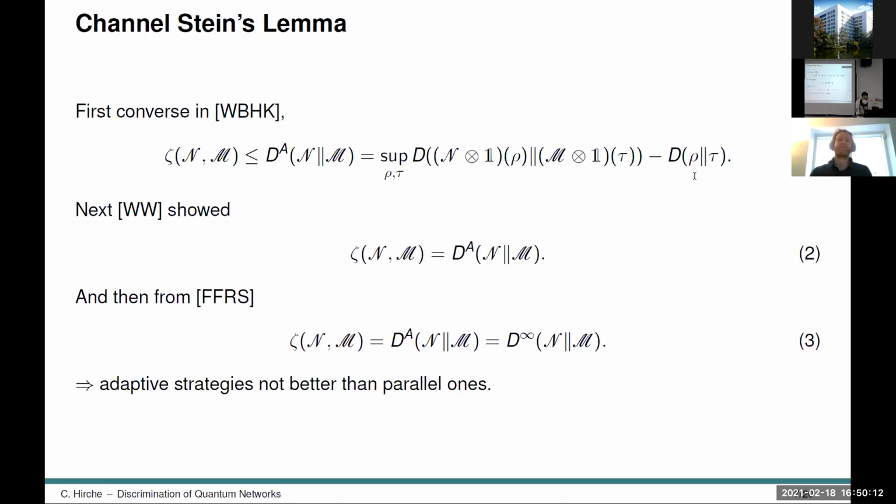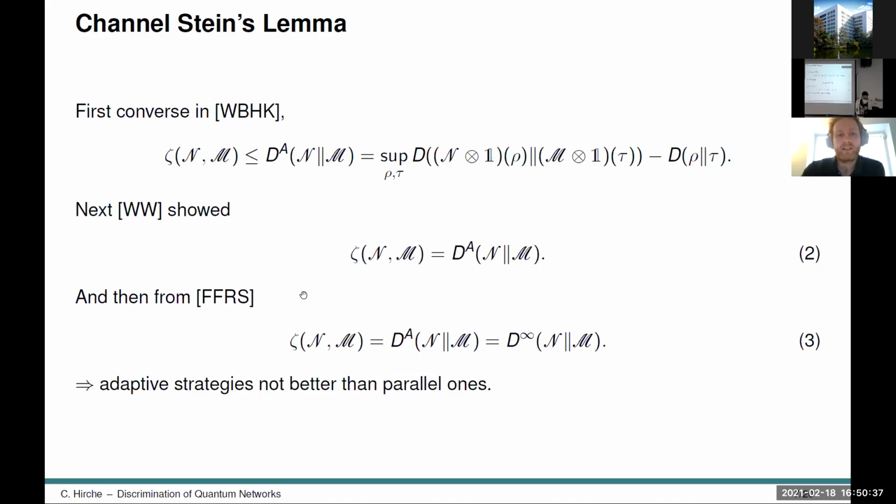So this was an upper bound, and then about a year later, if I remember correctly, Wang and Wilde showed that this is indeed an achievable rate. So this kind of determined the optimal error exponent in the case of quantum channel discrimination, or in the quantum Stein's setting.